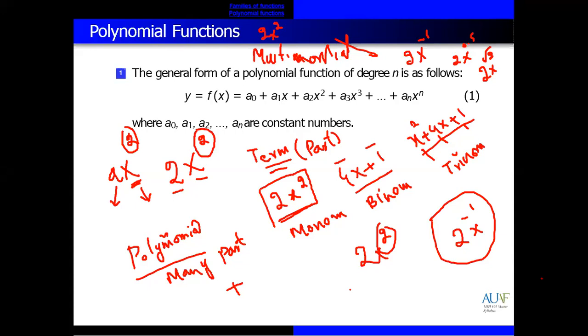But for polynomial, when you have a positive number power, this is a polynomial, correct? 2x square is also a multinomial, but you cannot call a negative power or fraction power a polynomial. 1 over 2 means the fraction 0.5, like we have 2x power minus 1 over 2 plus 1 over 2.